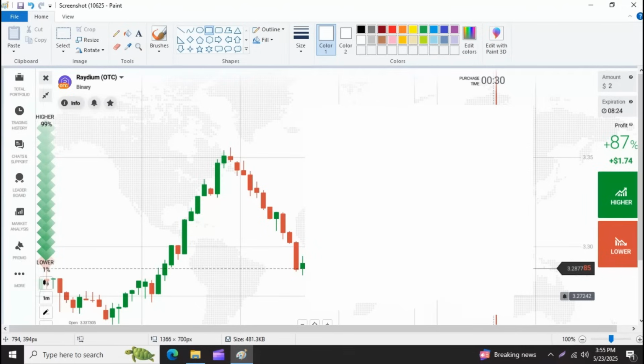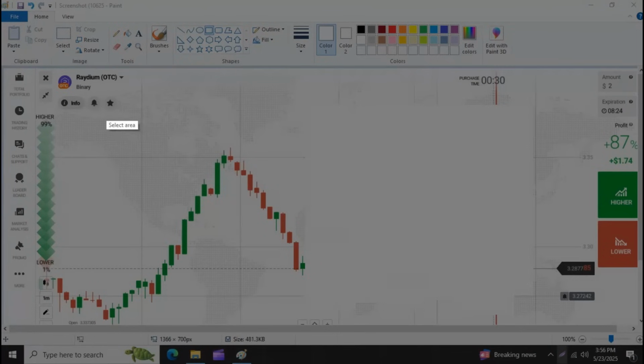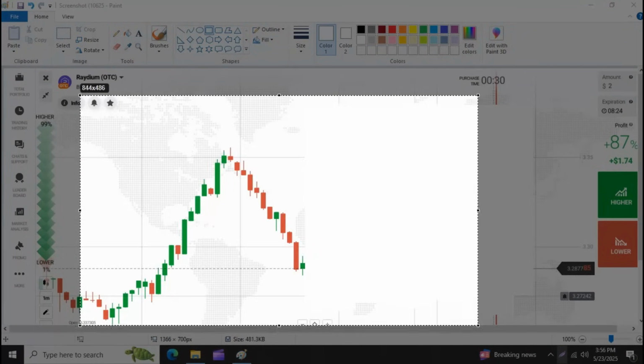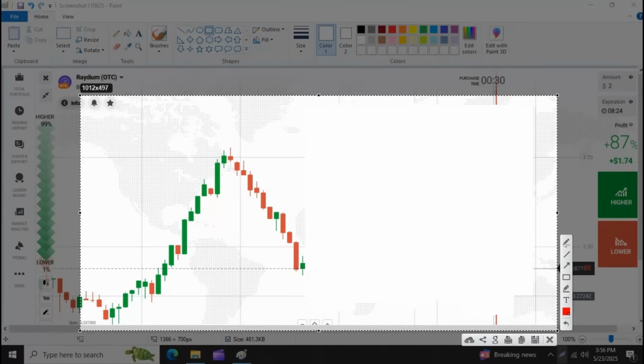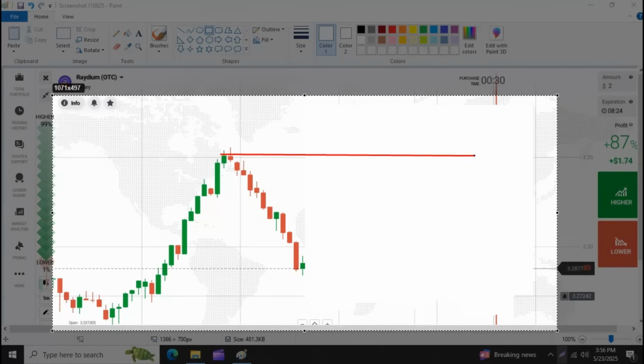If you notice here, I have picked a chart and there were some levels. Let me clear you first of all. Here you have an area of the chart. Here we have one resistance which was working previously, and one more.